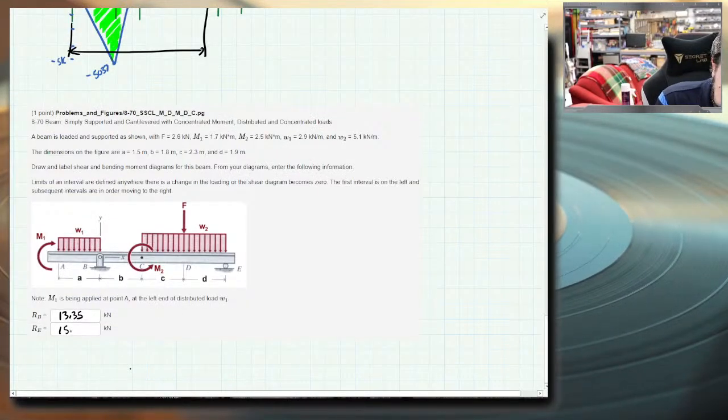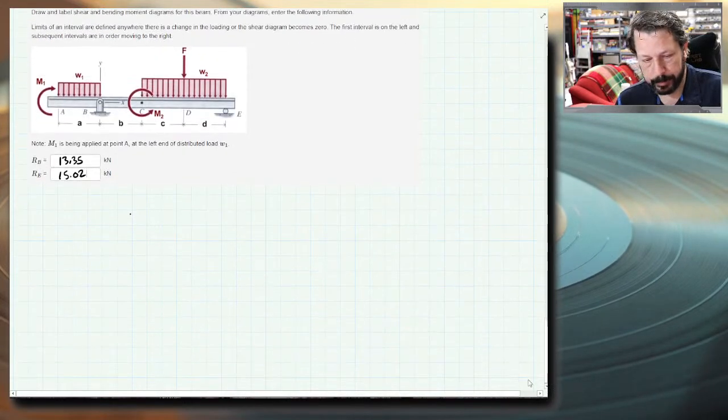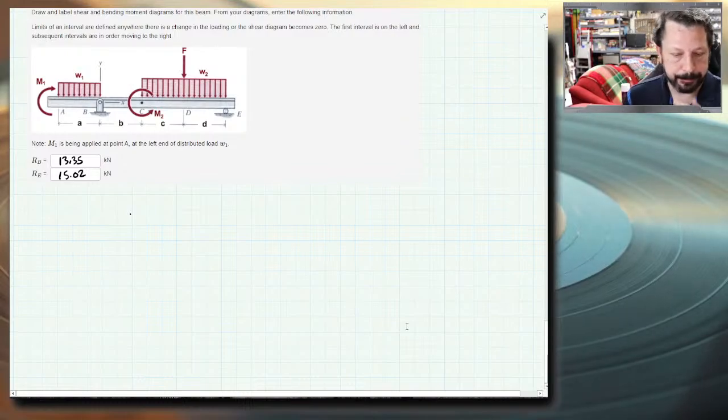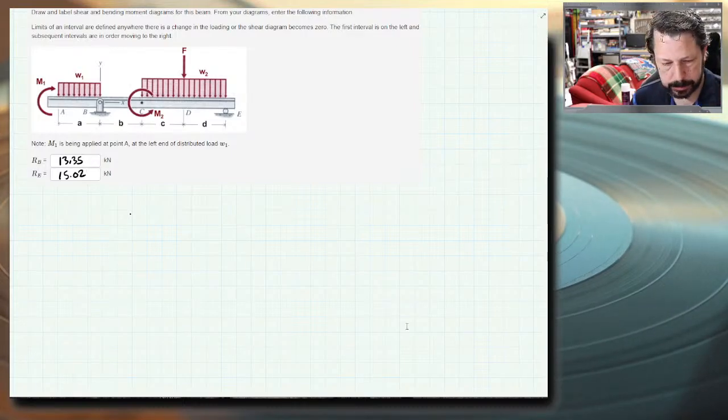I'm assuming that you could get those values for the reactions just by doing moments about the pin and then forces in the Y. All right, now that we have those, let's take our picture here.